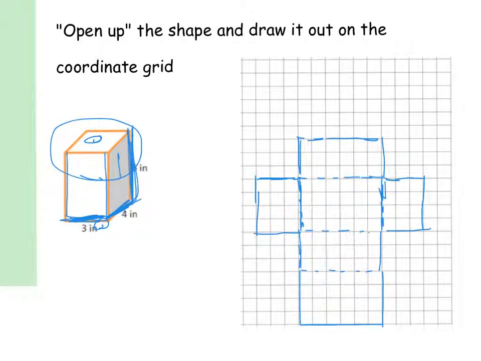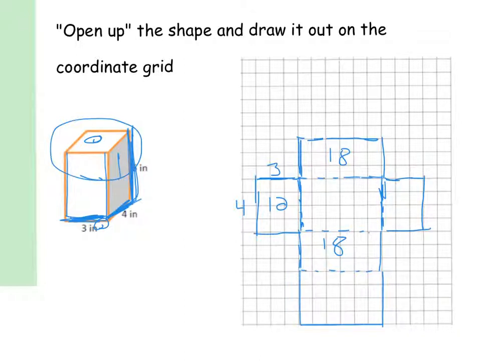Now yours may look very different from mine. If I look at what other people have done, theirs do look different than mine, and I'll draw another example in a moment. But I want you to see we have a 4 by 3, so this is a 12. We have a 3 by 6, and there's 2 of them.